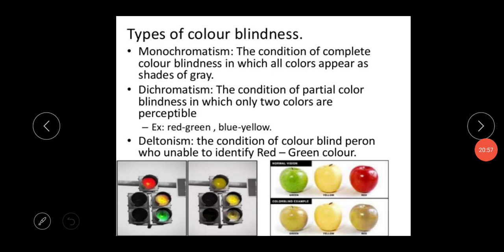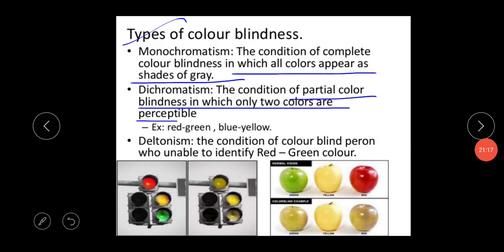These are the types of color blindness. First is monochromatism, a condition of complete color blindness in which all colors appear as shades of gray. Next is dichromatism, a partial color blindness in which only two colors are perceptible, red-green and blue-yellow. Then daltonism, a condition in which the color blind person is unable to identify red and green color.